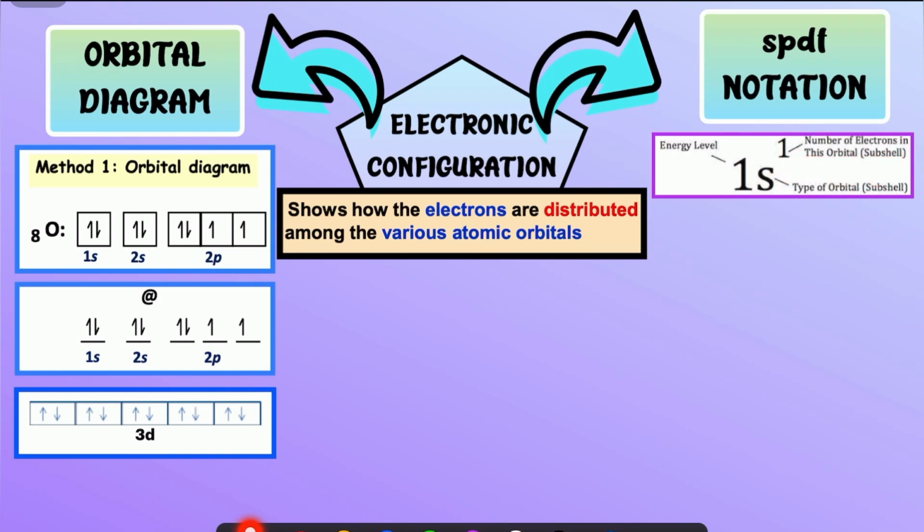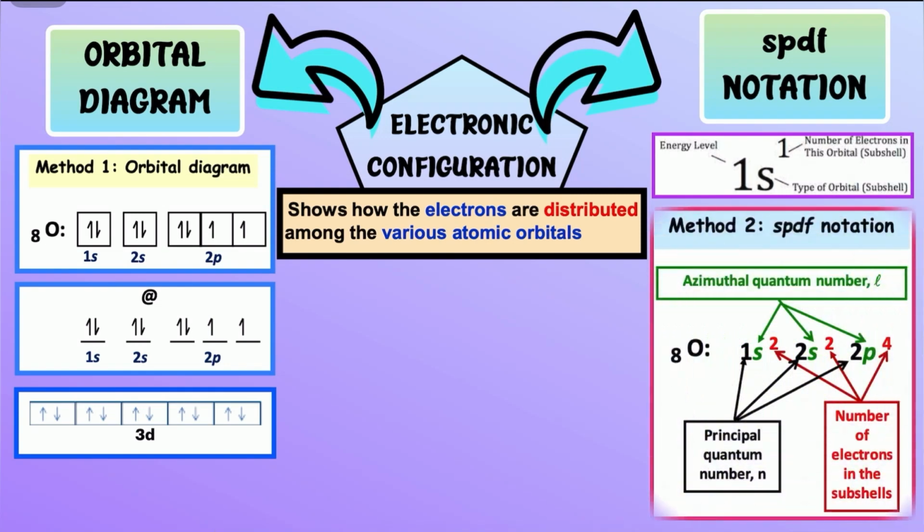Let's say for the orbital s, the maximum number of electrons that can occupy this orbital is 2. So if there are 2 electrons, it will become 1s with a superscript 2, not to the power, actually. Alright, so let's see the example.